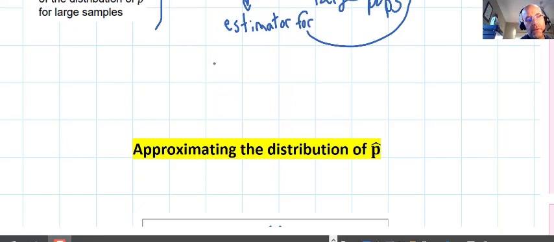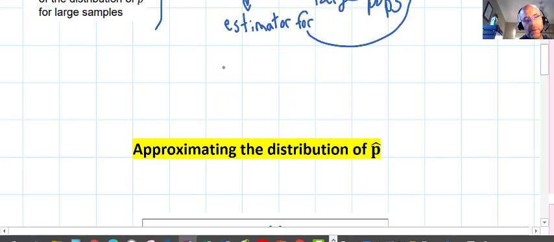We know that. But what if the samples are too big too? In practice, we usually deal with very big populations, but also big samples.